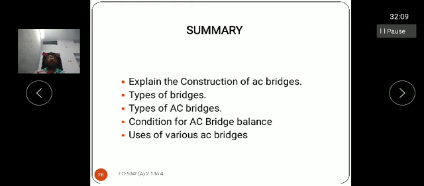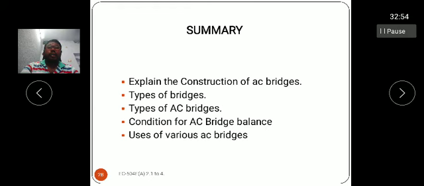For this topic, I will explain the construction of AC bridges. First, we have to know what bridge circuits are. Bridges are used to measure unknown components or parameters in a circuit. A bridge circuit is constructed with four arms, containing impedances, that is, resistance, inductance and capacitance.